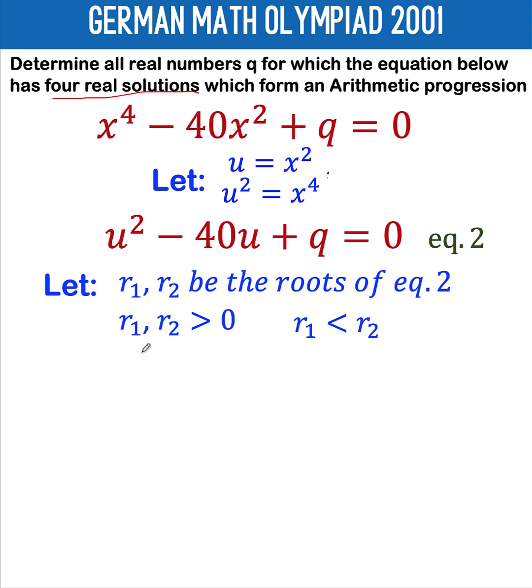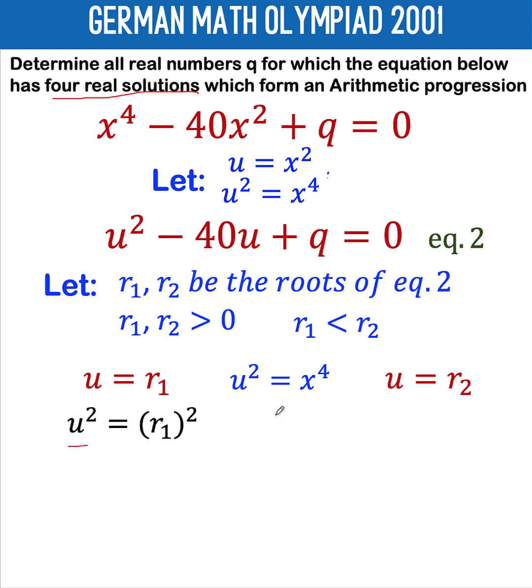We impose the condition that both r sub 1 and r sub 2 be positive, because if u is equal to r sub 1 and u is equal to r sub 2, then since u squared is equal to x to the fourth, squaring both sides here, we have u squared equals r sub 1 squared. But since this u squared is equal to x to the fourth, then x squared is equal to r sub 1.